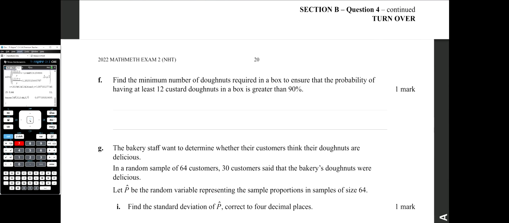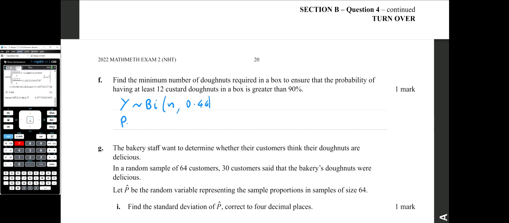Right. Find the minimum number of donuts required in a box to ensure that the probability of having at least 12 custard donuts is greater than 90%. Okay, so in this case, we have a different distribution again. This time, it's binomial. I'm going to call it Y, because we've used X already. Y is binomial with an unknown sample size and a probability of success of custard donuts of 0.44.